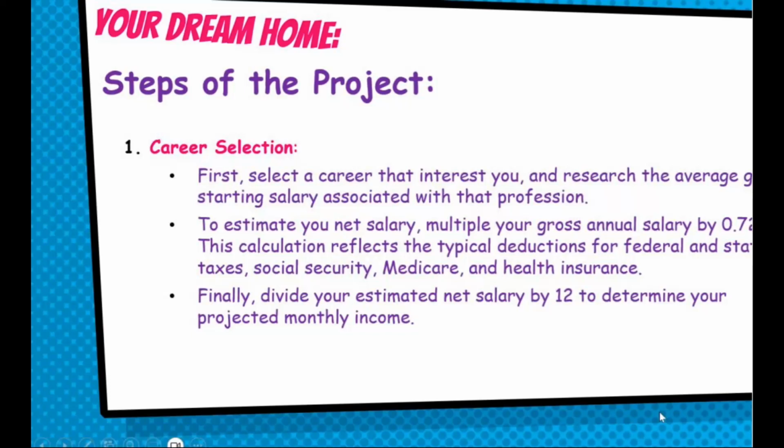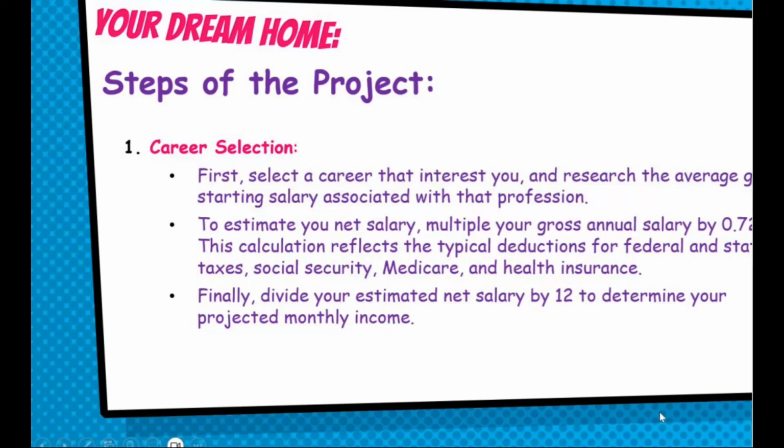The first thing you need to do is, if you have an idea for a career that you want to do, Google search that. And if you don't, pick something. I don't care what it is. We're going to be Google searching a lot and finding information on the average this or the average that. So whatever you want to be, like a cop or a dentist or a business marketing analyst, plumber, whatever.